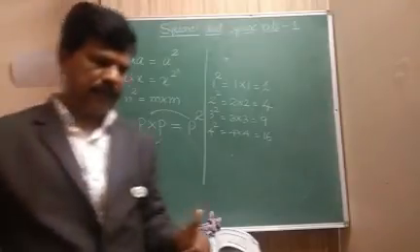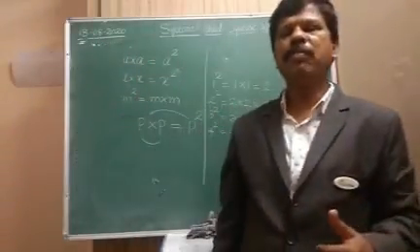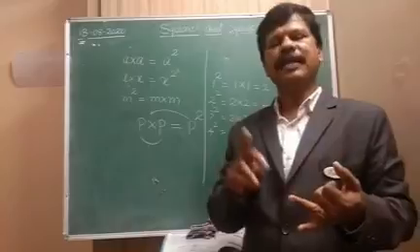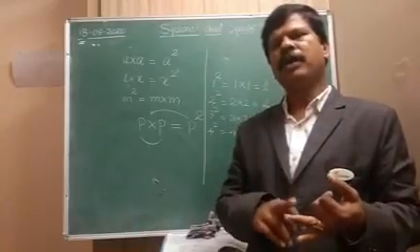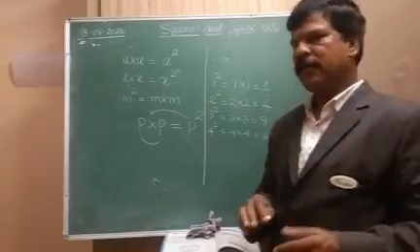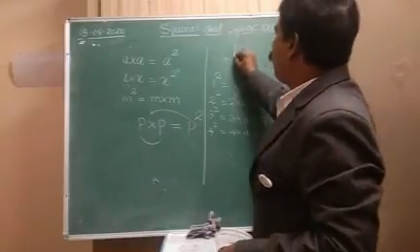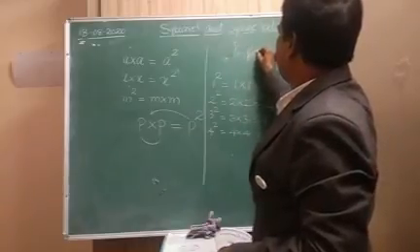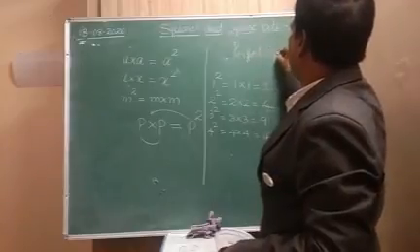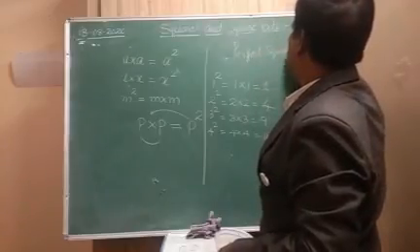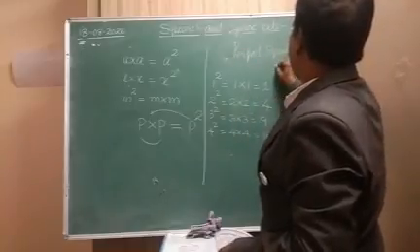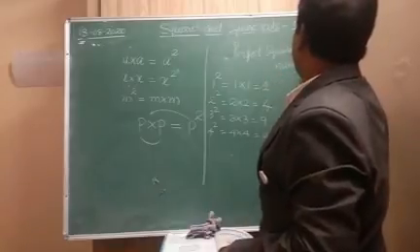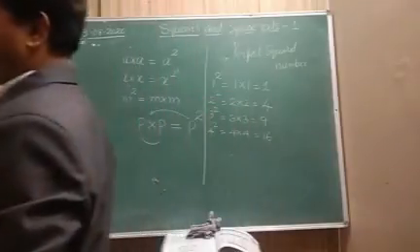Any product that we get by multiplying a number by itself, that product is called a perfect square number.